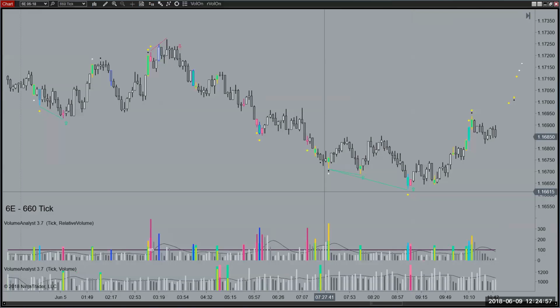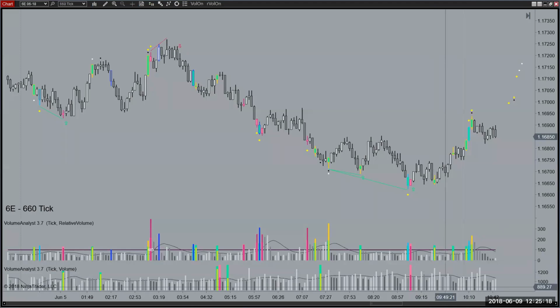So if you have a lot of contracts come in for any given tick bar, you get these spikes in the total volume, the raw volume when it's on a tick chart. You're looking at where a lot of density of contracts came in, a lot of contracts per trade.